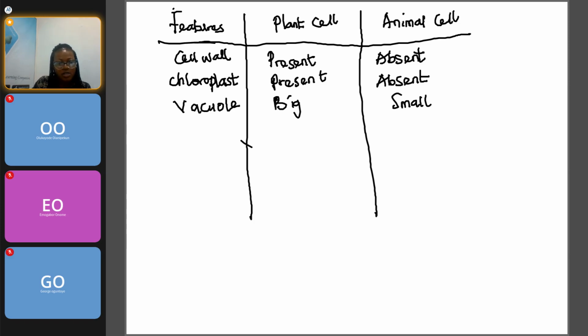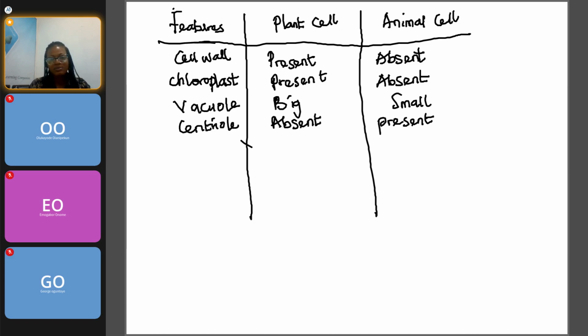Okay, so we have the centriole. Remember, it is present in animal cell but absent in plant cell. Why? Remember I told you that centriole is responsible for the digestive processes in animal cell. And of course, plant does not digest anything.